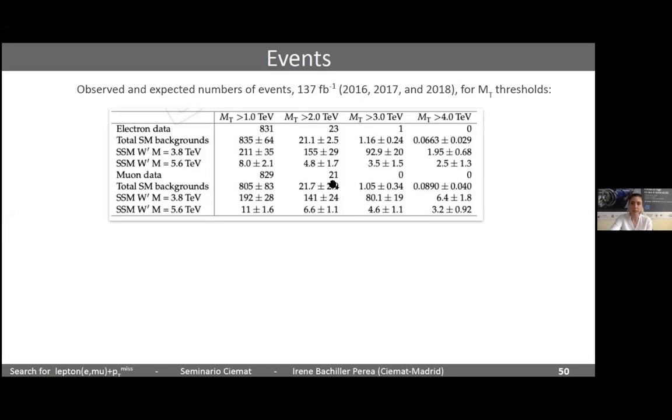For data it is 21, and if we integrate the background it is 21.7. And for 3 TeV, that is higher, there is no more data and all the integrated background is 1 event. So it's covered by the uncertainties.